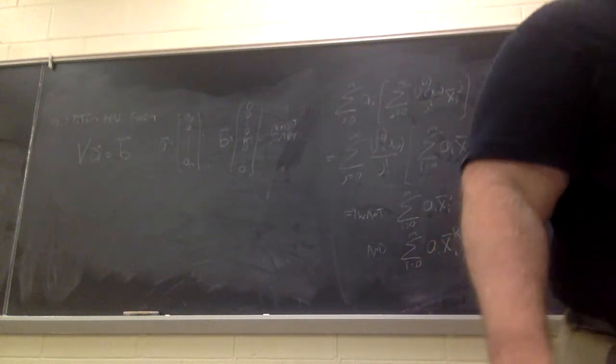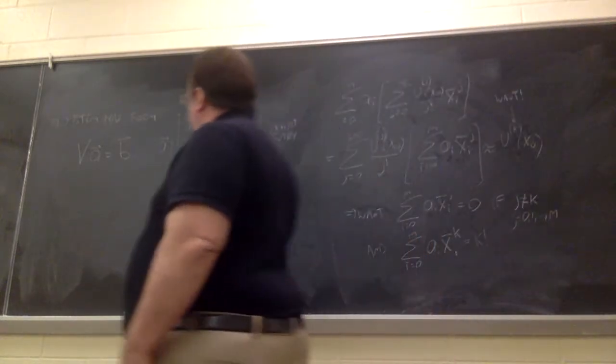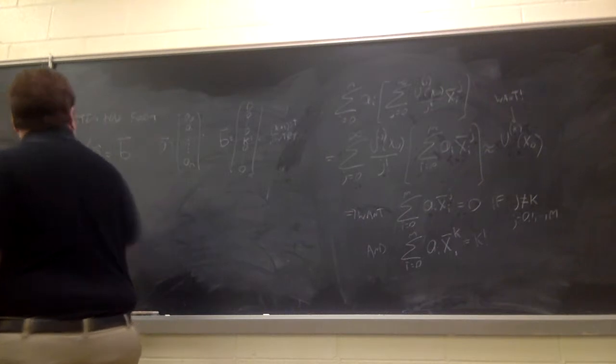I say k plus 1 because we're numbering from 0, 1, 2, etc. And then the matrix V comes from all these powers of x. It's like k plus 1 to the power.